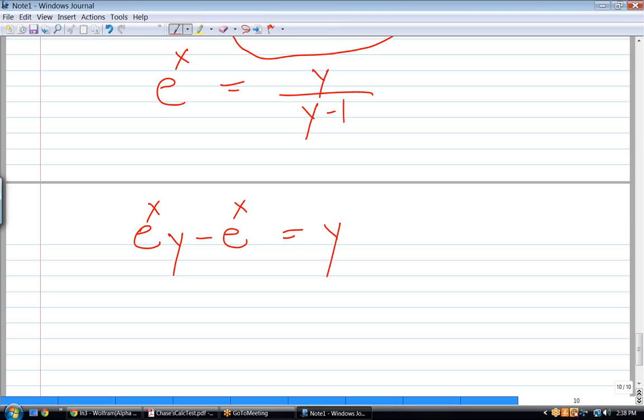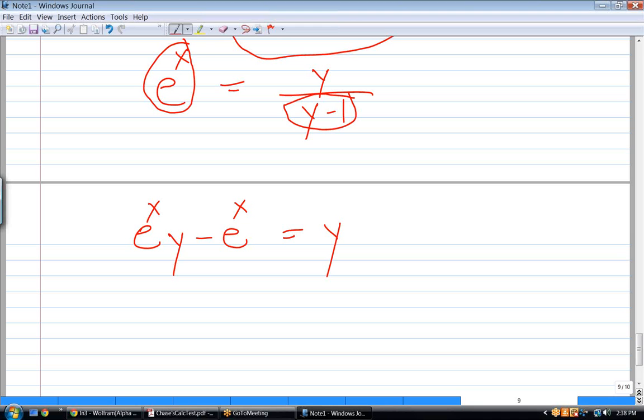Would we factor out the e's on the left so that we could move the y's together? No, we just multiplied them together, so we don't want to do that. That would reverse the step I just did. In other words, I multiplied y minus 1 times e to the x, so I don't want to factor it back out. That's going in the wrong direction.